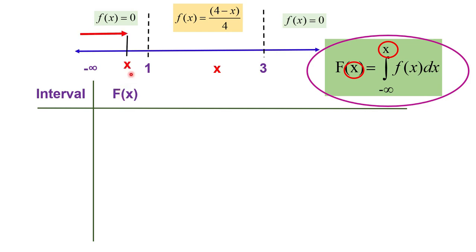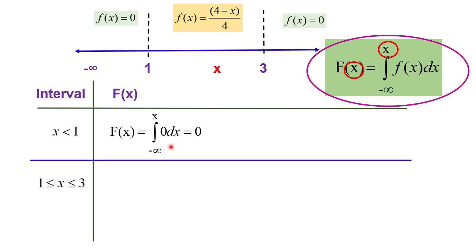Let's say we have a point x where x is any value that is less than 1. So what is the CDF? The CDF is the integral from negative infinity to x, and the function here is 0. So the answer is 0 because the function is 0.